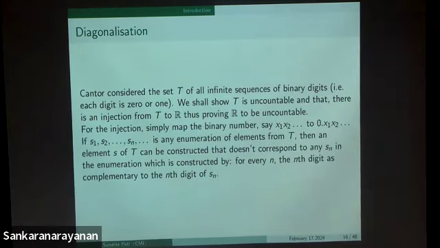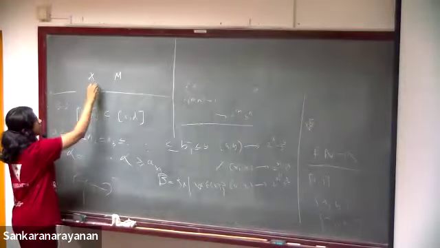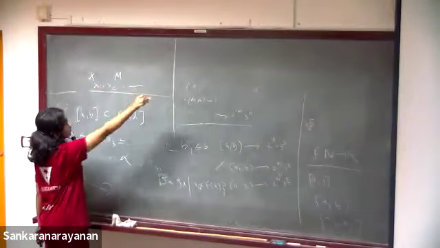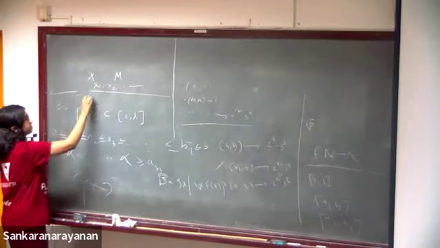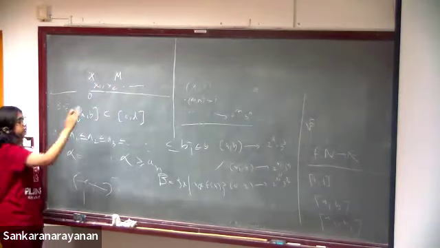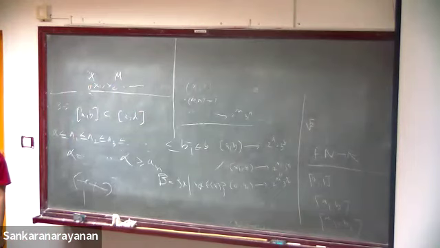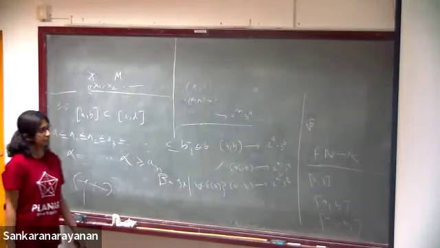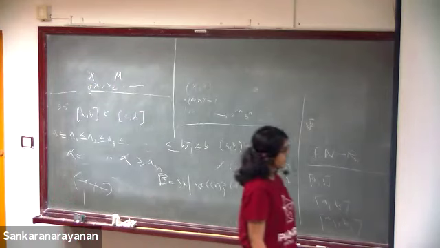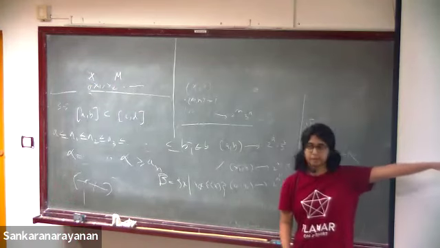And then what he did was, I have any x1, x2 up to so on. What he did was 0 point that, which is a real number. This would be an injection.